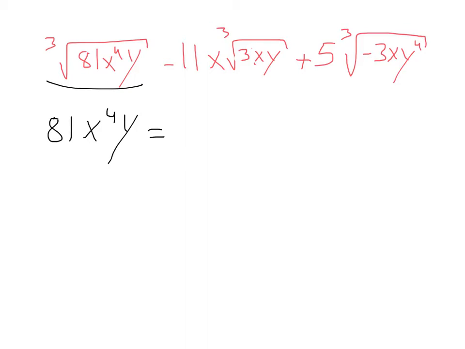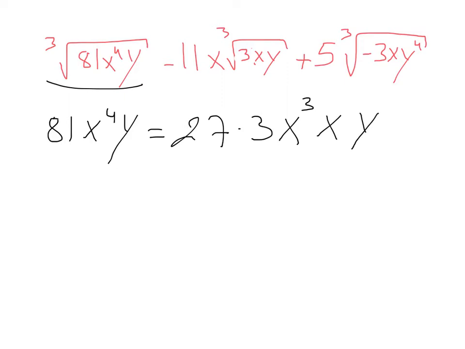Since the radical is 3, it's going to be 27 times 3, right, times x cubed times x times y, right?